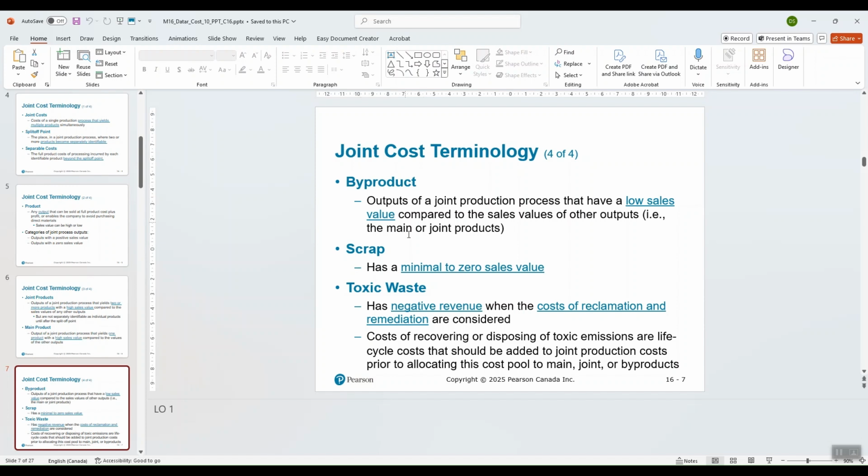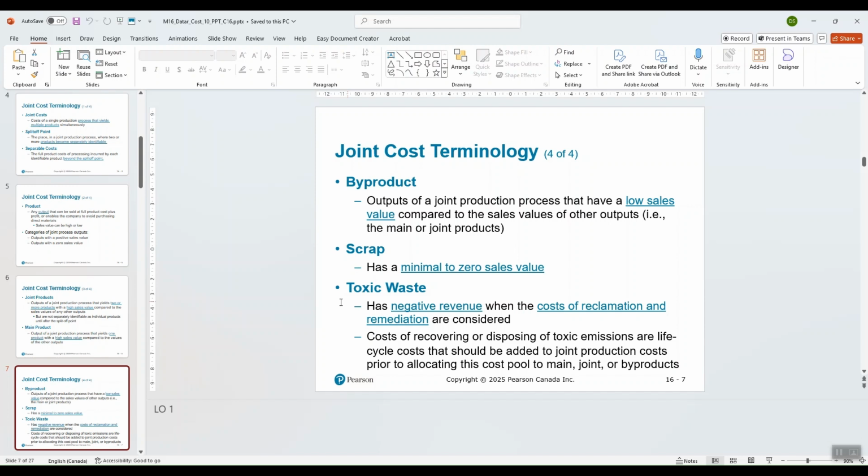So there may be an opportunity for you to sell the scrap for a certain amount, and some companies may just sell it for zero value because there may be some cost they may have to spend to dispose of that product. So in that case, they may sell it for a zero sale. But from my experience, usually when scraps exist, there are always buyers who are ready to buy. But again, that depends from industry to industry.